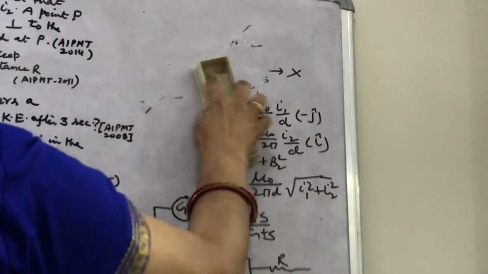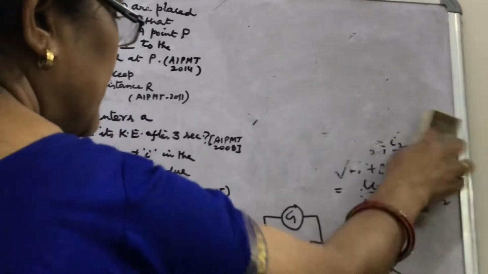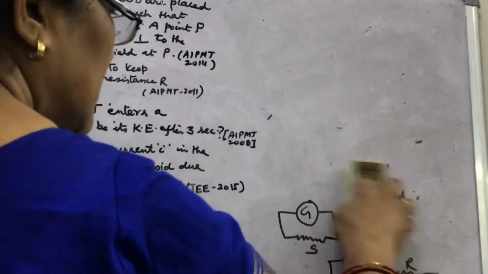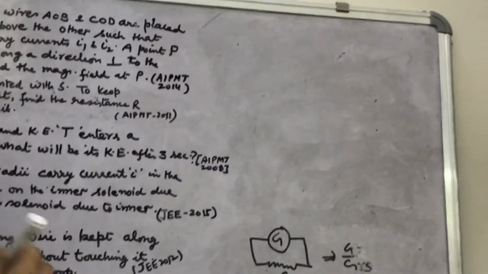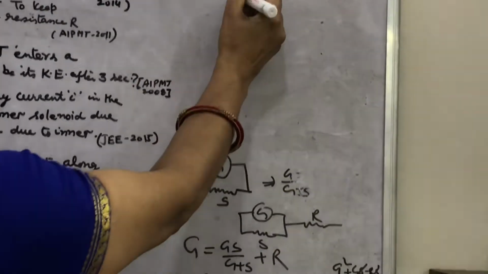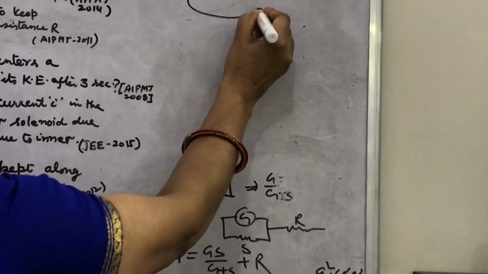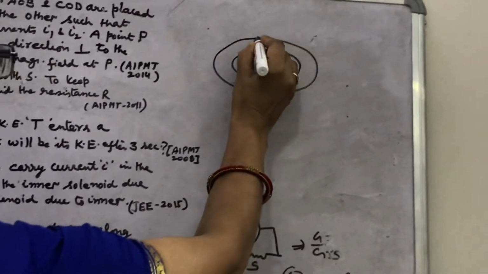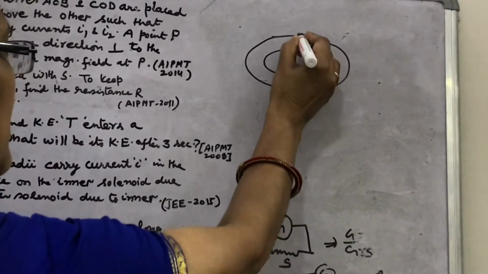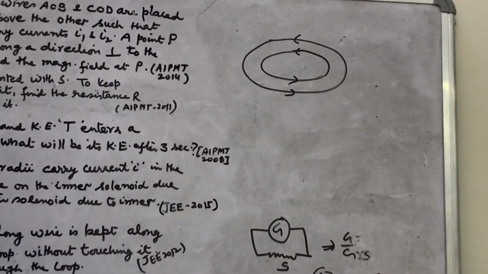Suppose I am drawing the two solenoids, their front portion, that is the current direction, and they are coaxial. So, I will show like this. Suppose this is the first solenoid and this is the second solenoid, and they have the current in the same direction. So, I have shown this one.